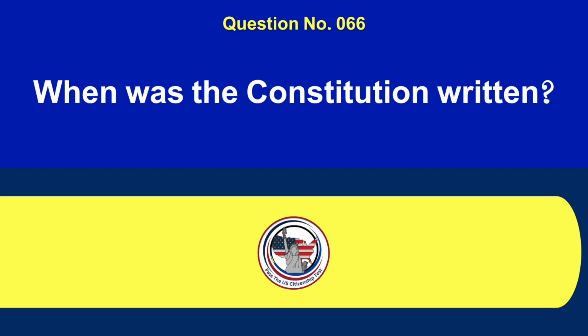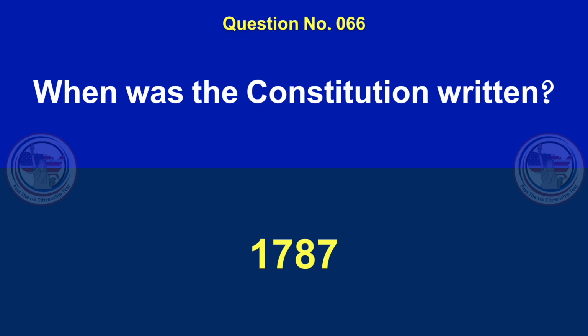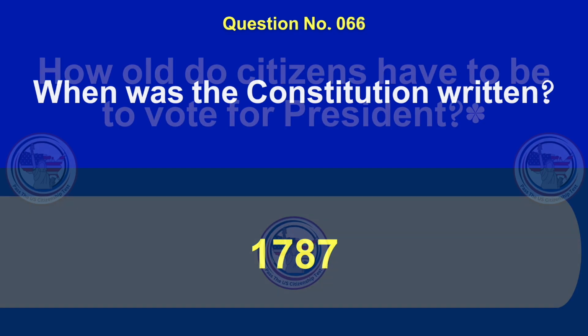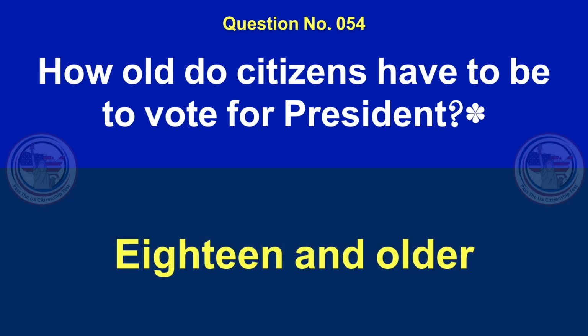When was the Constitution written? 1787. How old do citizens have to be to vote for president? 18 and older.